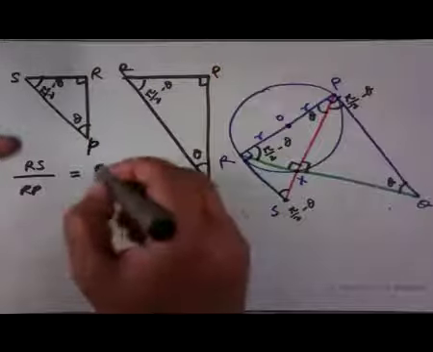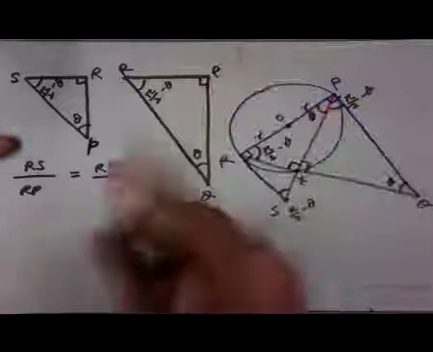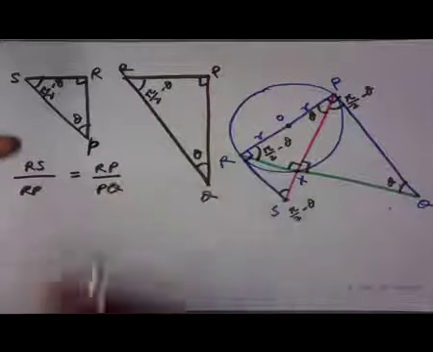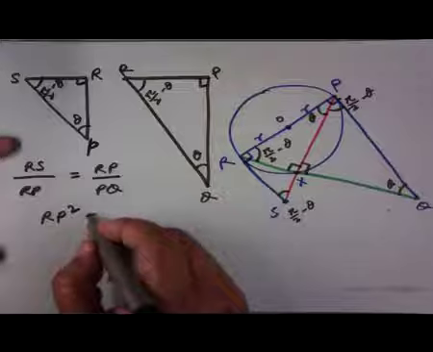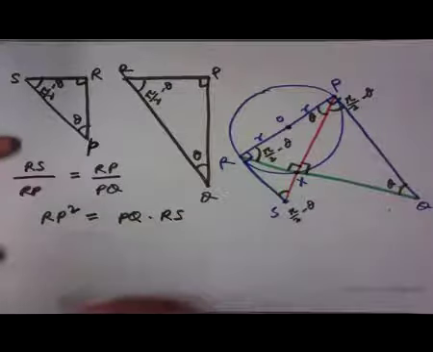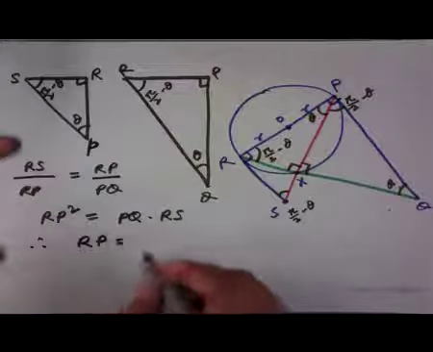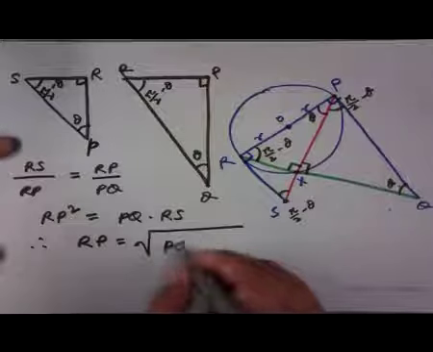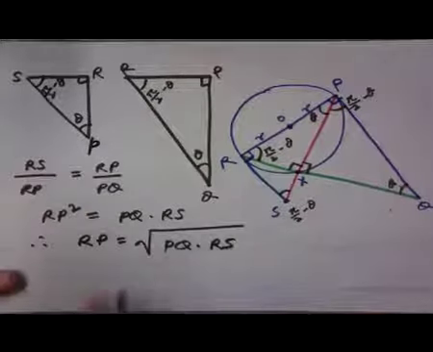which is RP divided by PQ. And from here it follows that RP square is PQ times RS, and therefore, RP is square root of PQ times RS, but RP is nothing but the diameter 2R.